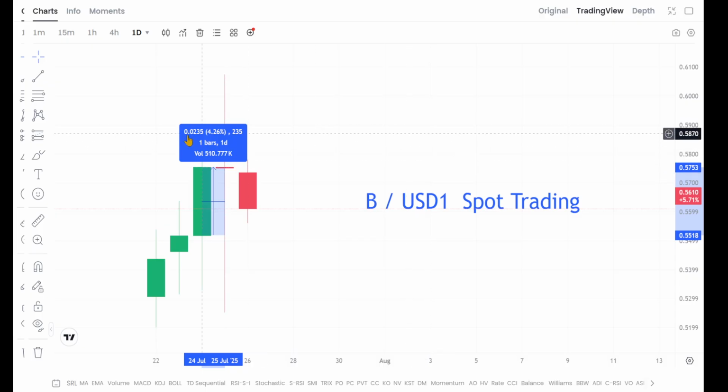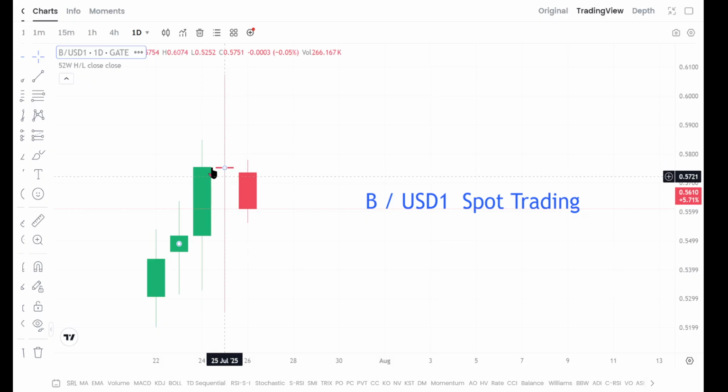So the market price of B was increased by 0.0235 USD1. It is 4.26%, and 235 USD1 was the profit. In this one day, 510.777 thousand B has been traded.